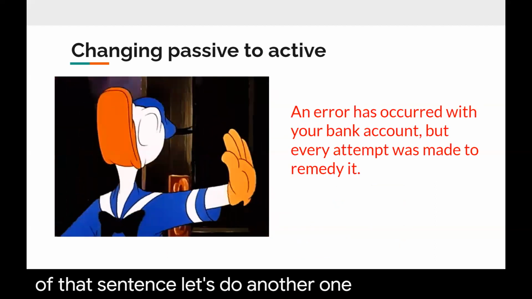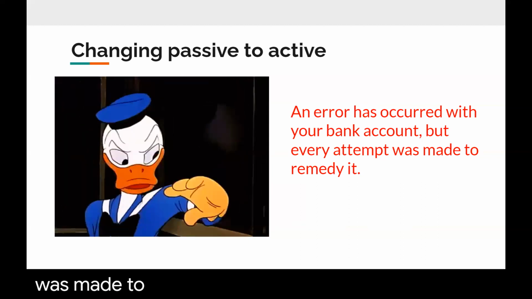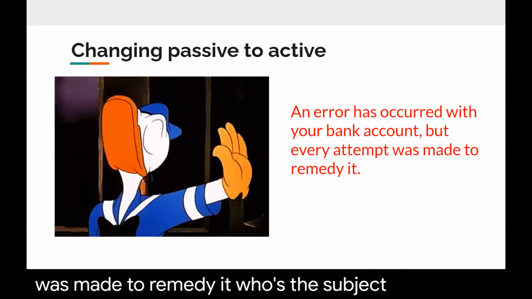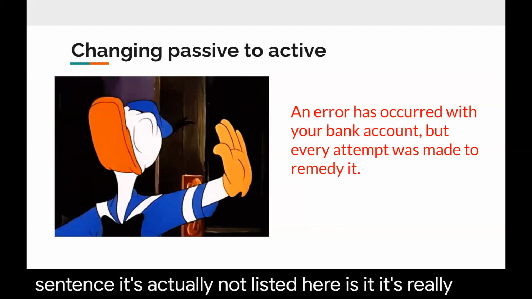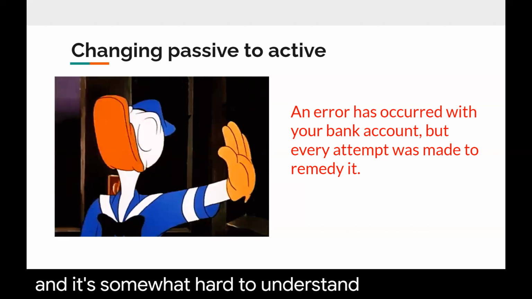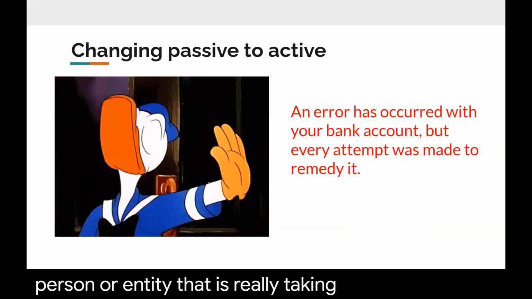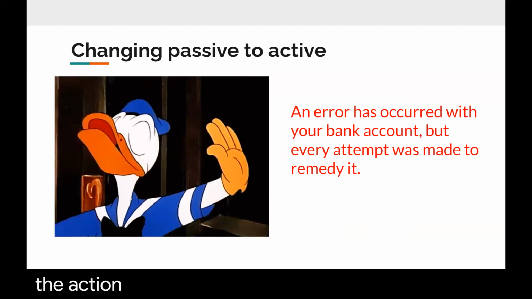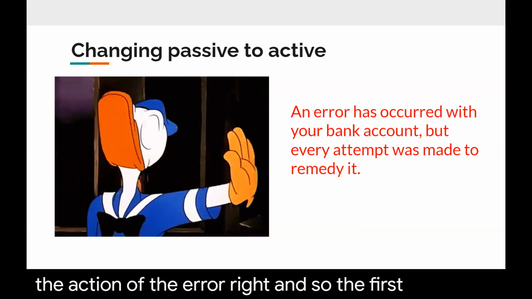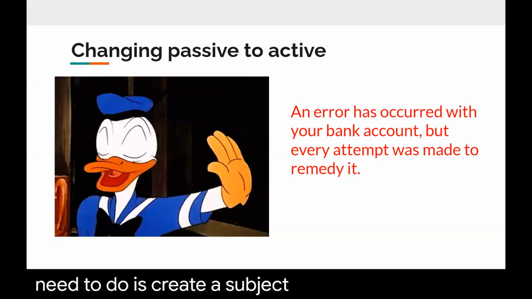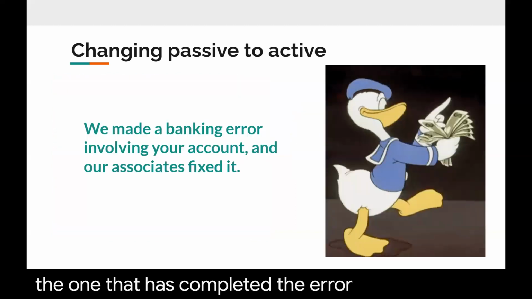Let's do another one. An error has occurred with your bank account, but every attempt was made to remedy it. Who's the subject of this sentence? It's actually not listed here, is it? It's really vague and it's somewhat hard to understand. There's no person or entity that is really taking responsibility for the action of the error, right? And so the first thing we need to do is create a subject that is the cause, the one that has committed the error.